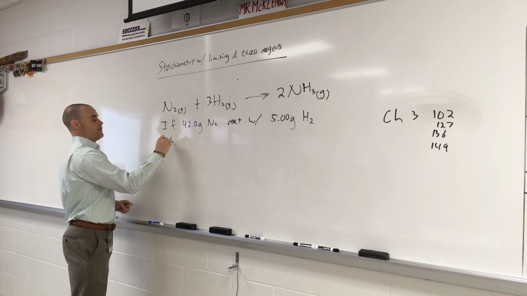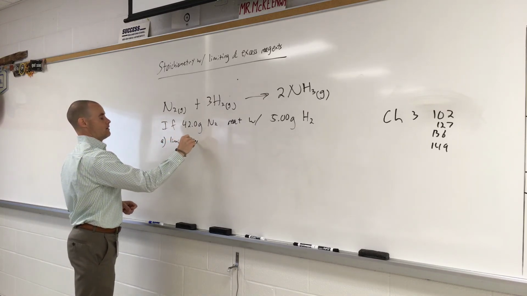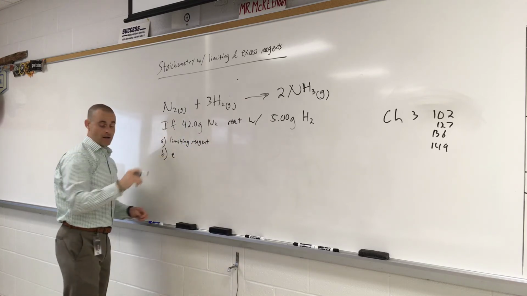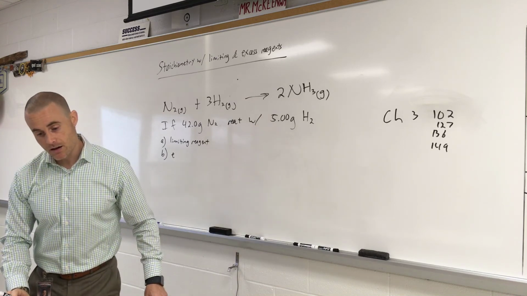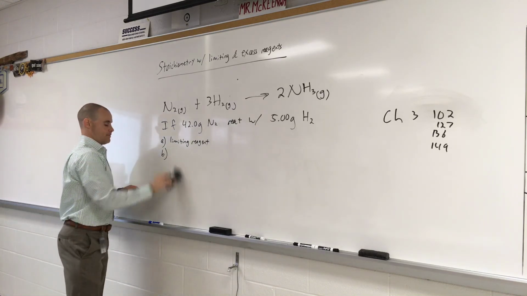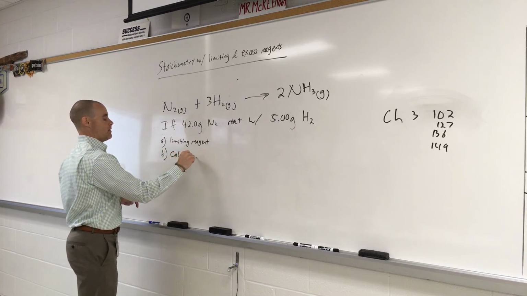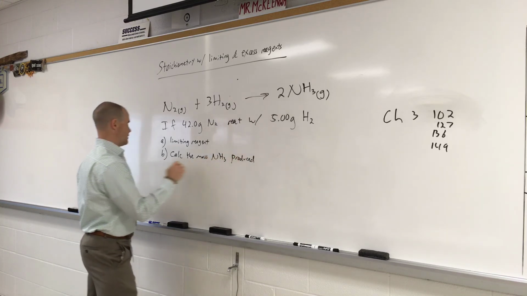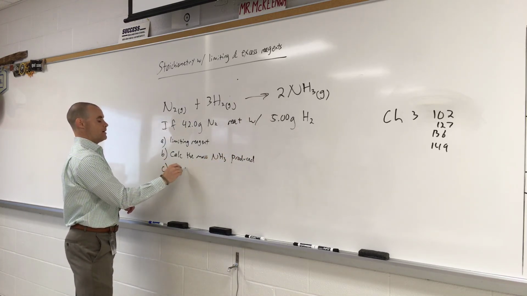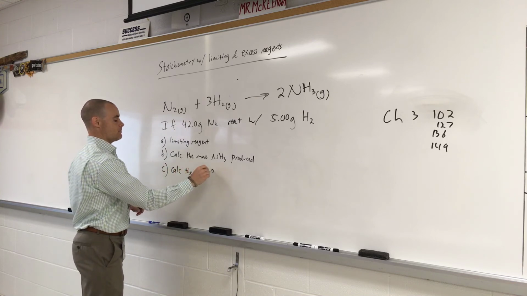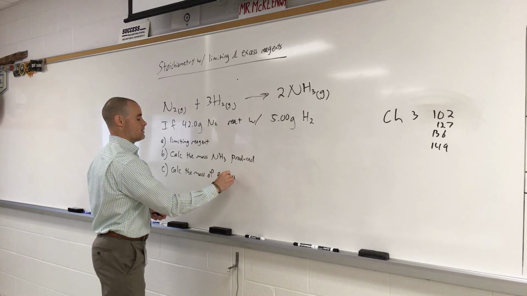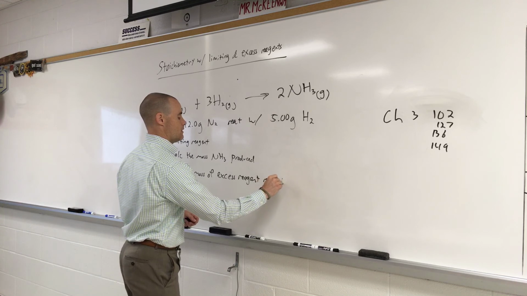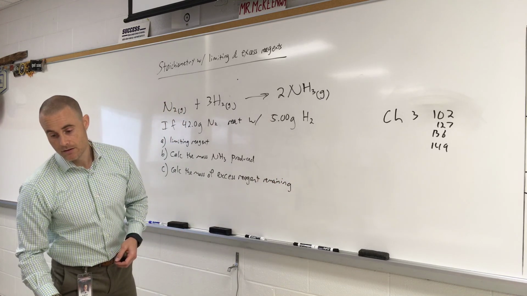A, find the limiting reagent or reactant. B, calculate the mass of NH3 produced. C, calculate the mass of excess reagent remaining.